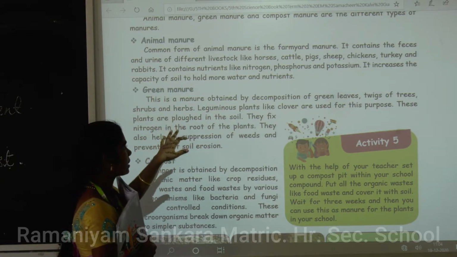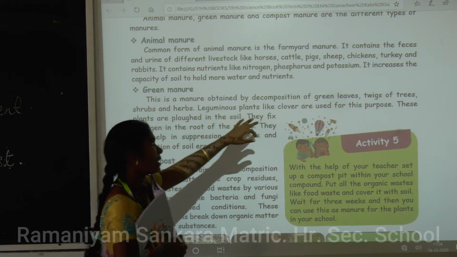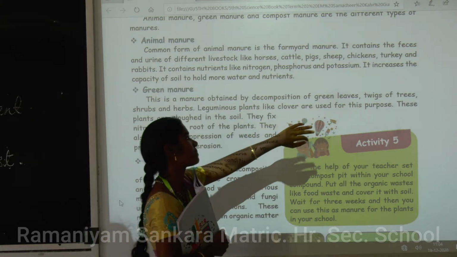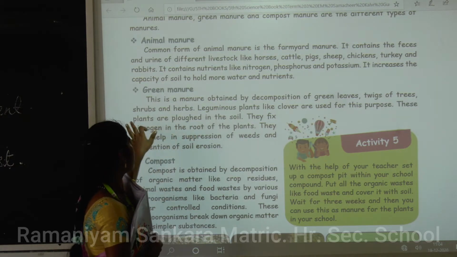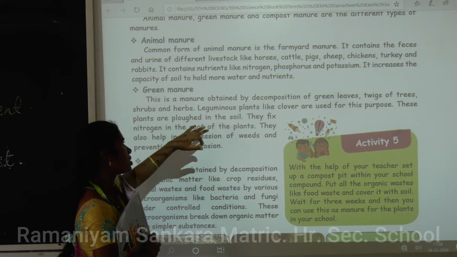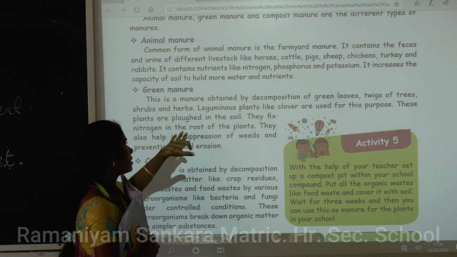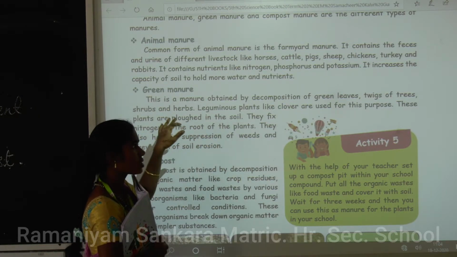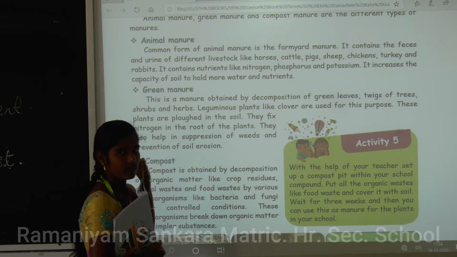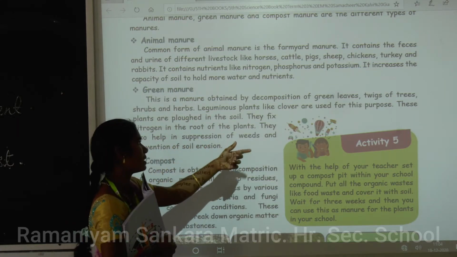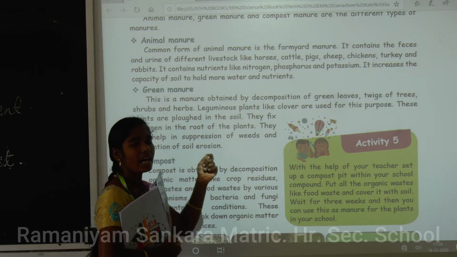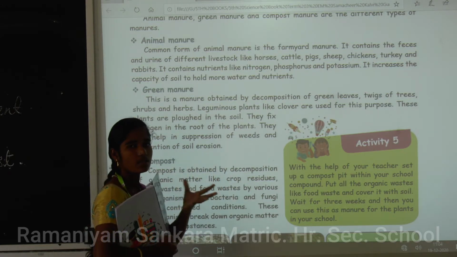In this way we get green manure. Leguminous plants like clover are used for this purpose. They fix nitrogen in the roots of the plants, which is released into the soil. This is one of the best fertilizers. They also help in suppression of weeds. Weeds are unwanted plants.